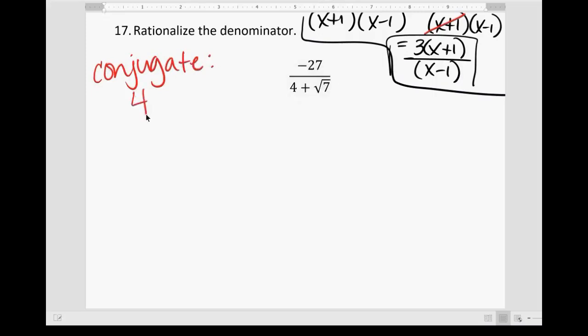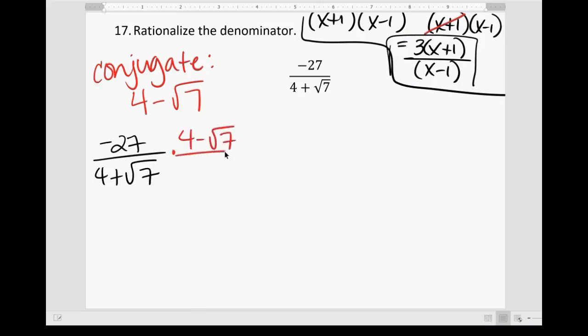So that would be, in this case, 4 minus the square root of 7. So we have negative 27 over 4 plus the square root of 7. And we're going to multiply the top by 4 minus square root of 7, and the bottom by 4 minus square root of 7.